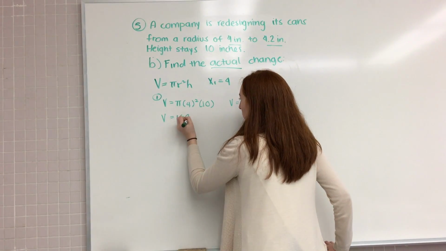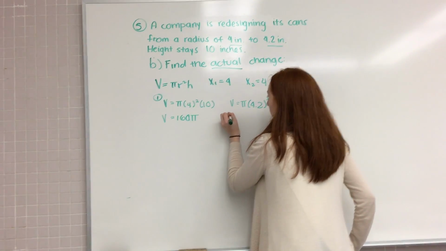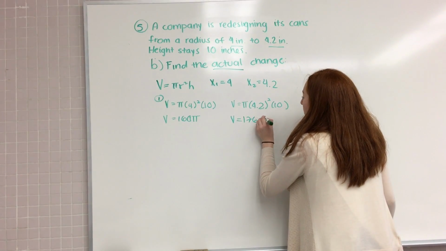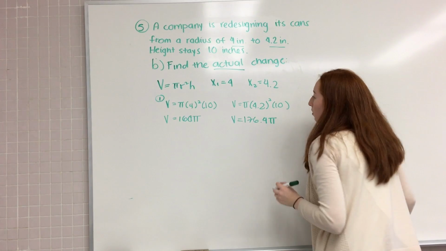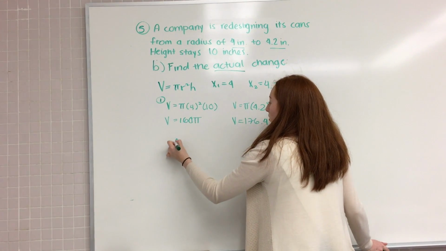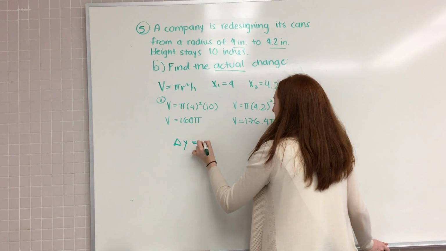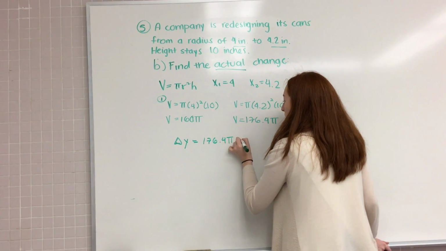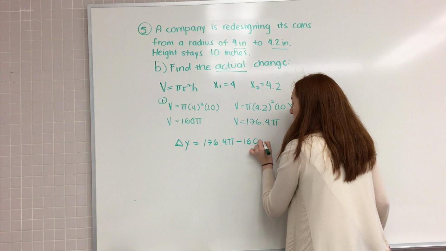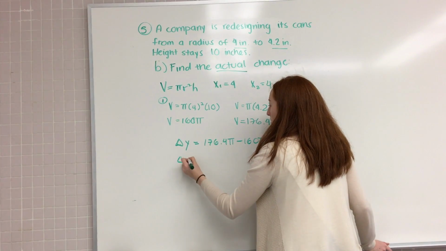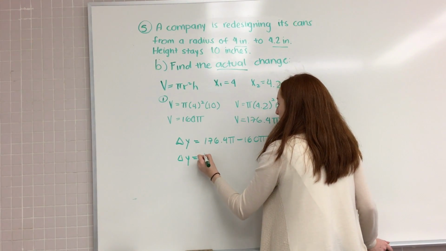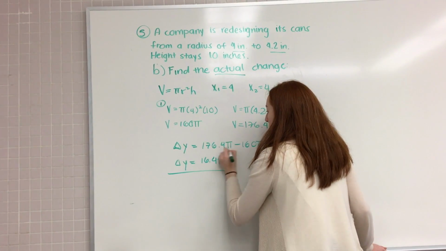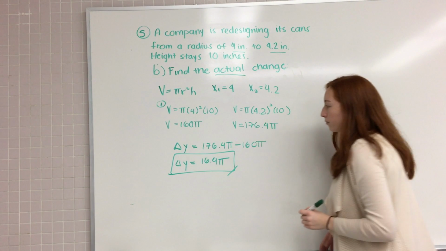In order to obtain delta y, we have to subtract the final result in volume minus the first result in volume, which gets us to 176.4 pi minus 160 pi, which gives us 16.4 pi. Remember that when we talk about the volume, we always talk in units cubed.